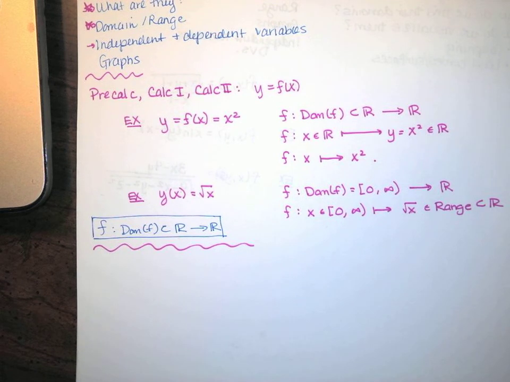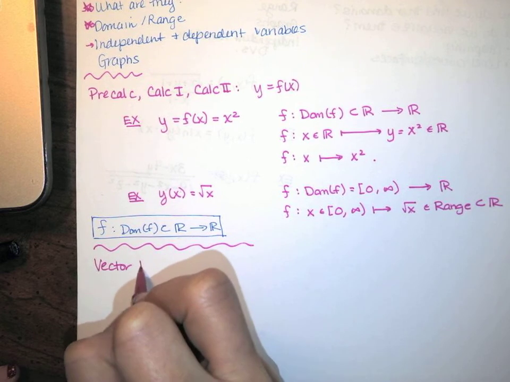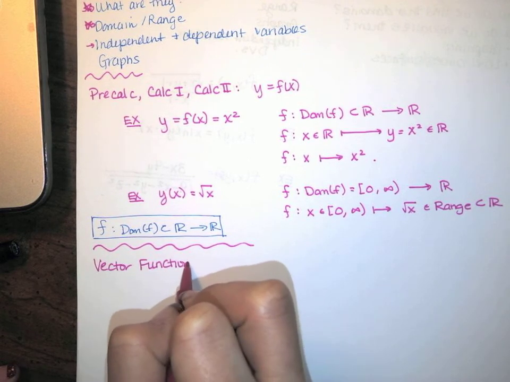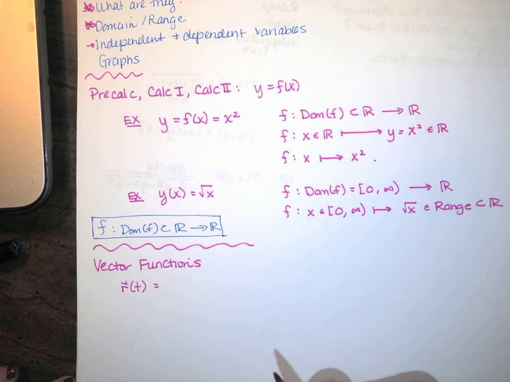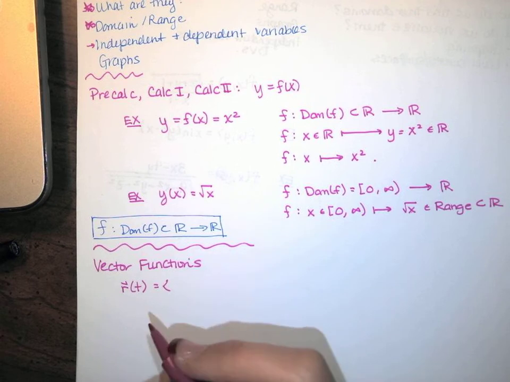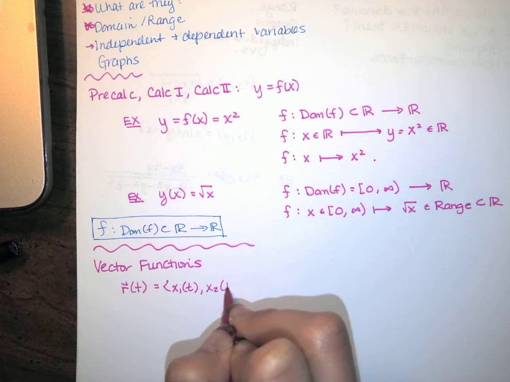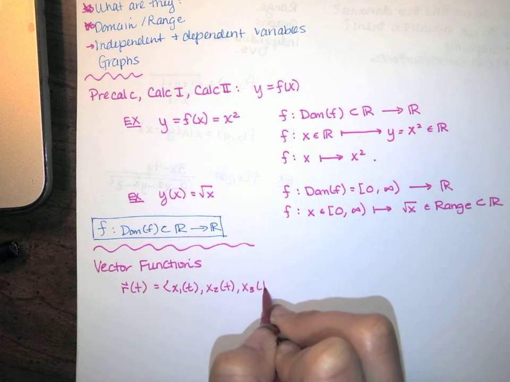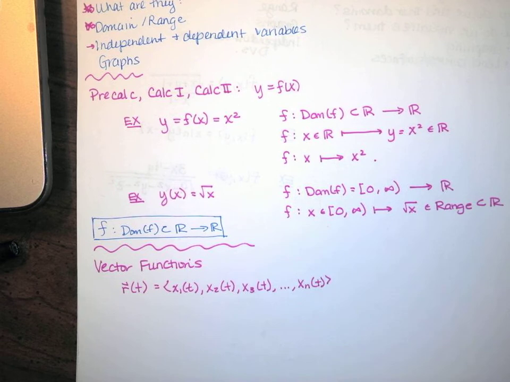And then in the last chapter, when we talked about vector functions, or vector valued functions, we had some function r of t, and it mapped to usually x of t, y of t, z of t, but it worked in 2D, it worked in 3D, it worked in ND. So mapped to x sub 1 of t, x sub 2 of t, x sub 3 of t, and you can keep going all the way through x sub n of t.